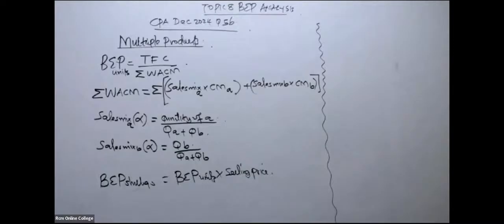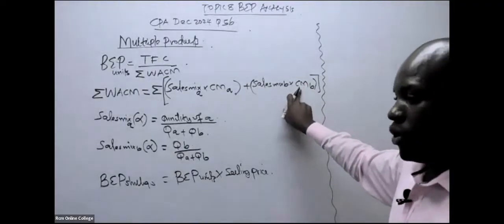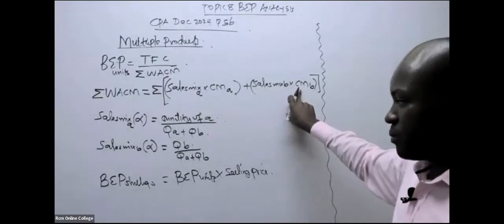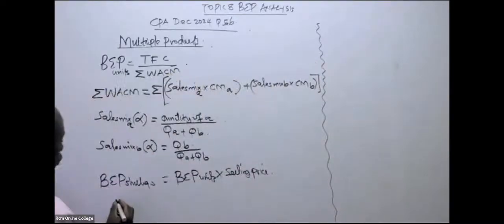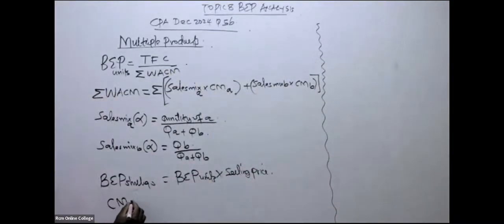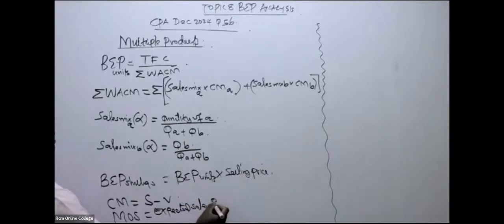So having done that, can we now go ahead and have our break-even point in units for the multiple products? Of course, we need to get our contribution margin. And we all know how we get contribution margin when dealing with single products. Contribution margin is equal to selling price minus variable cost. Margin of safety, don't forget that, is equal to expected sales minus break-even point.